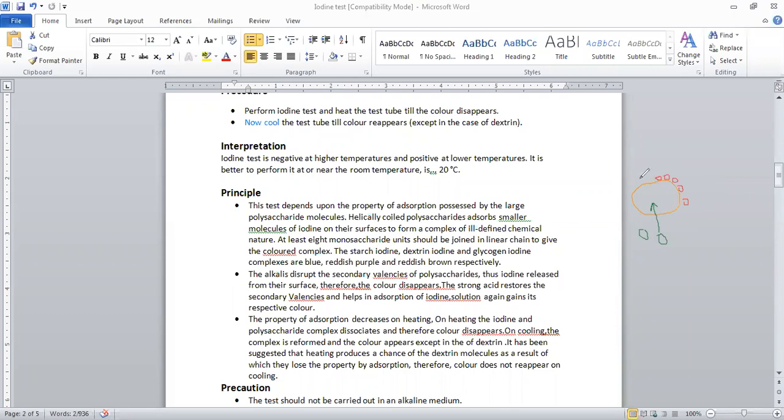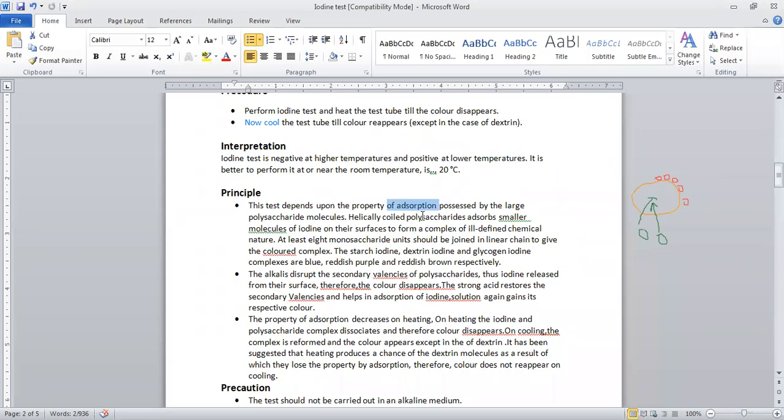But here the red particles are on the surface of this ball, so it will be adsorption. So particles that remain attached on the surface of any material, that will be adsorption, and if the particles are moving inside the cavity, that will be absorption. So in case of the iodine test, the basic concept of the principle is adsorption.